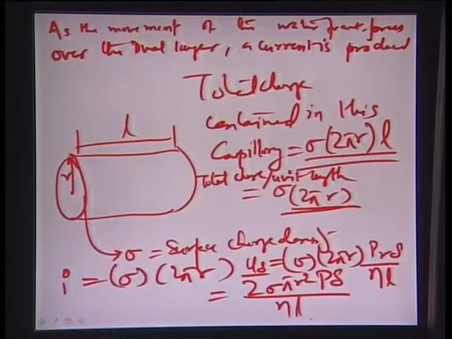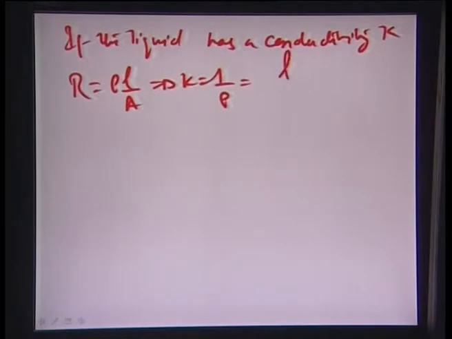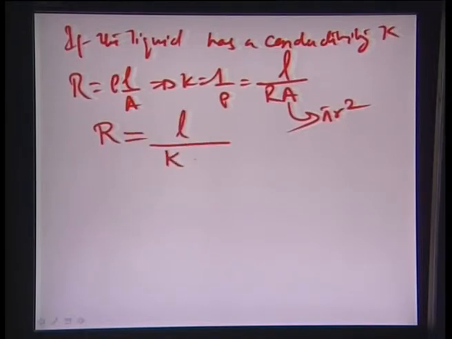Okay. So, let us assume that the liquid in question has a conductivity K, and we already know the relationship R equals rho L by A, and K, which is 1 by rho, is nothing but L divided by R A. A in this case is of course the radius square times pi, the cross sectional area of the circular capillary, and the resistance R of the channel is L divided by K times pi r square.